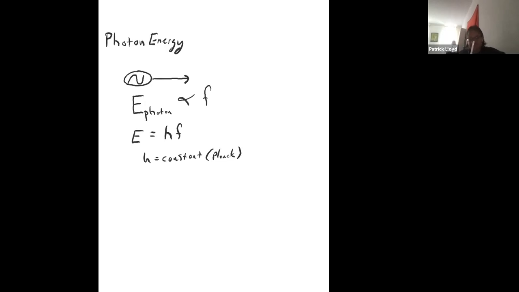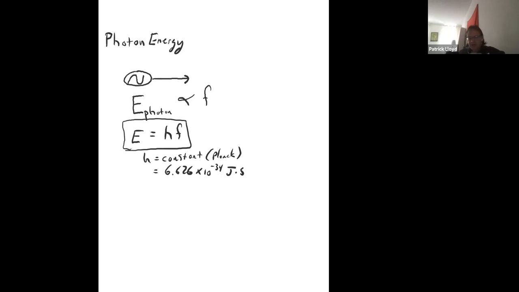The value is 6.626 times 10 to the minus 34, and the units are joules times seconds. It's just a constant of proportionality, okay? So if you want to calculate the energy of a photon, you just need to know its frequency. Likewise, if you know its energy, you can also calculate its frequency, okay?